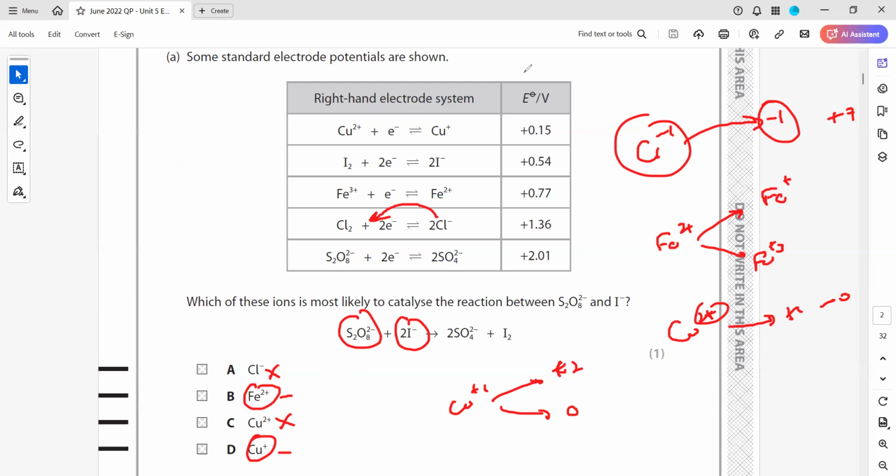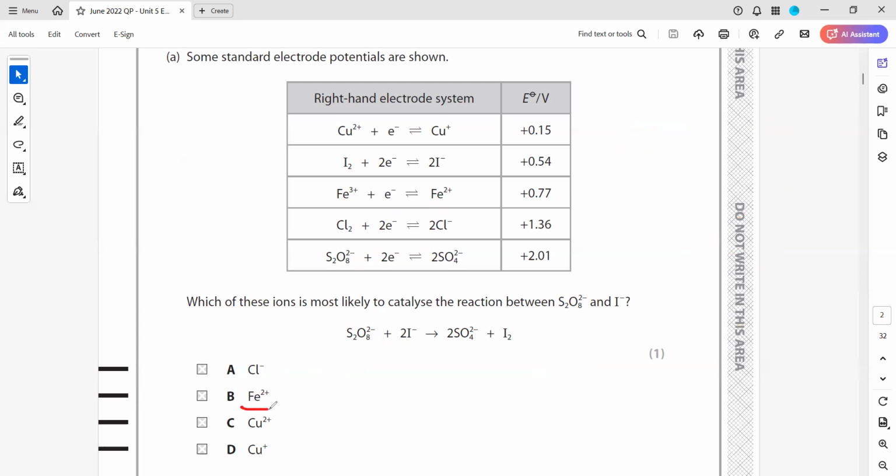Now, when we check with iron 2, the reactants are thiosulfate and iodine. One of the reactants is iodine, another is thiosulfate.